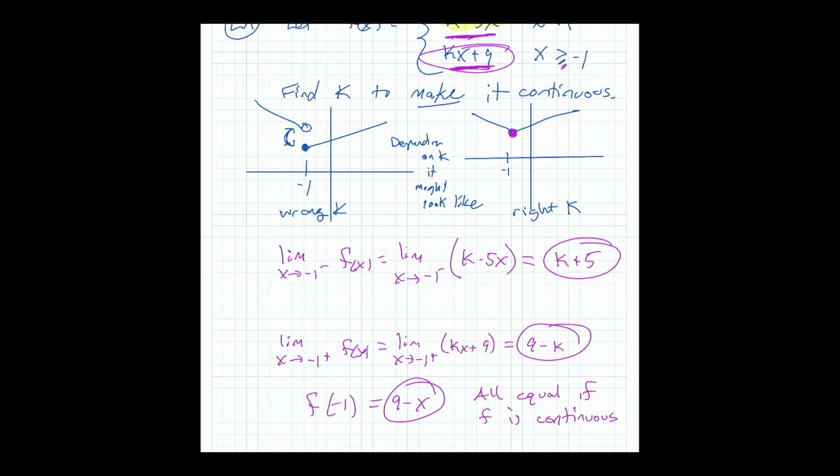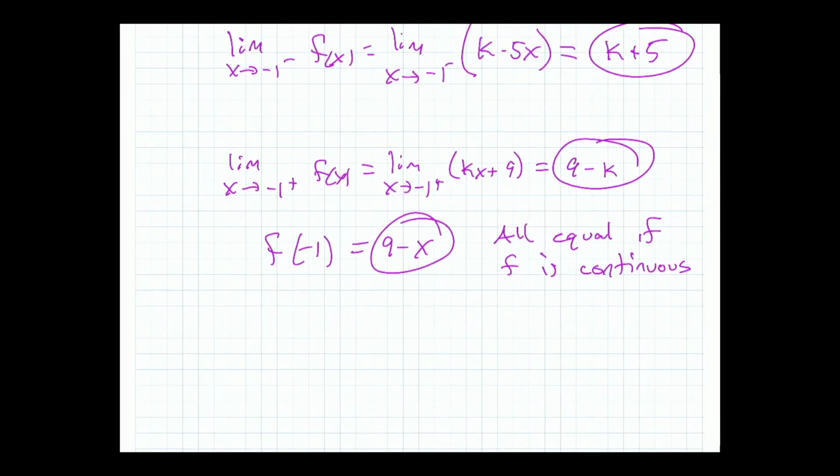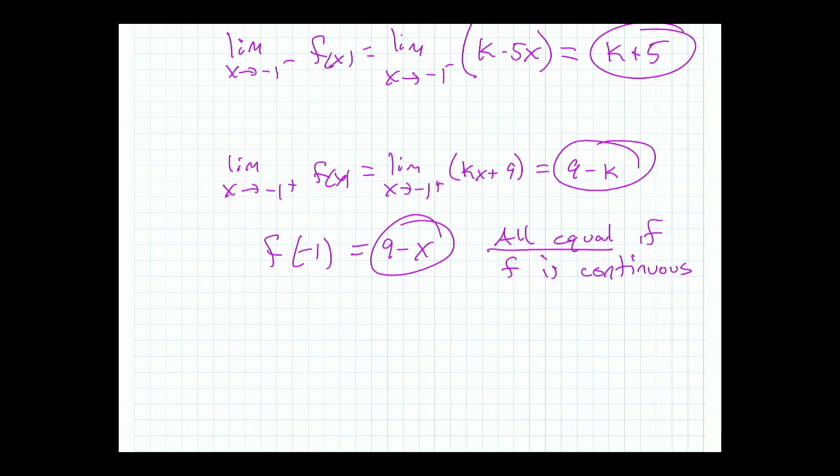And since they both have a k, we don't know the exact point it is yet, but we're going to make it happen because we can set them equal to each other. So we need them all to be equal, so just set them equal. You just say k plus 5 must equal 9 minus k. And then you solve it.